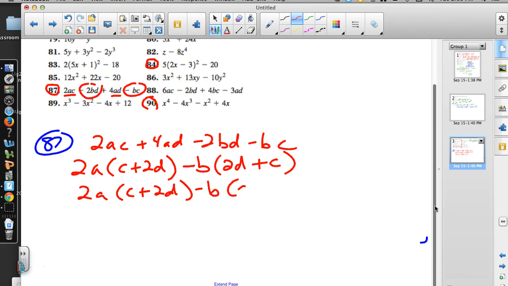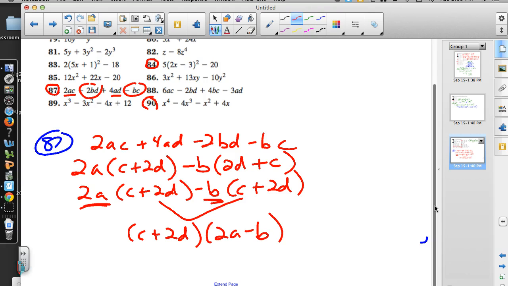It's just backwards. And remember, the commutative property tells us that addition can be switched around. So now it looks like what we want. And now we can see that C plus 2D is a factor, and that 2A minus B was the other factor. And so we have that one in factored form.